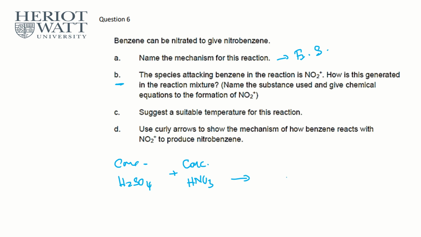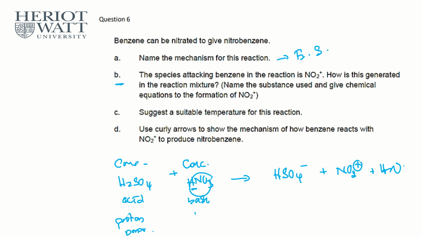When you mix these two together, they will react. This is an acid, this is a base. In fact, it's an acid-base reaction. So why? Because you will get HSO4 minus, a proton donor. See that? And then what you get next is NO2 positive and H2O, right? So the H is actually going to the O in a way.